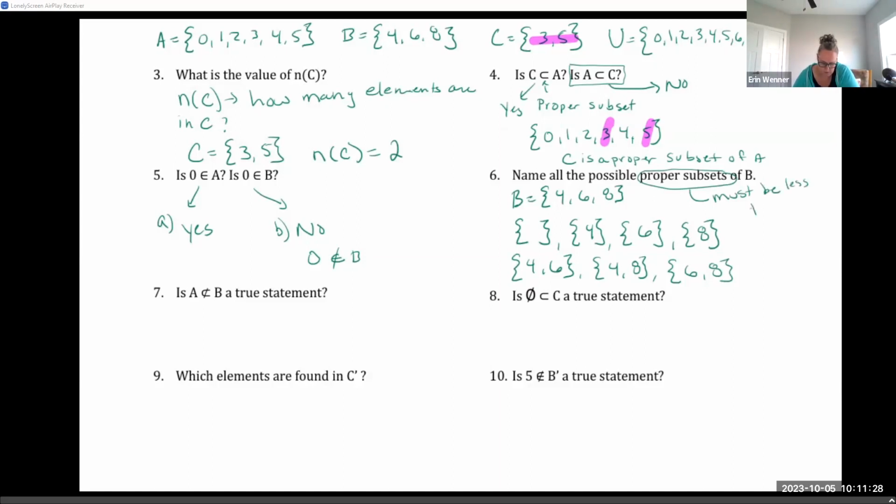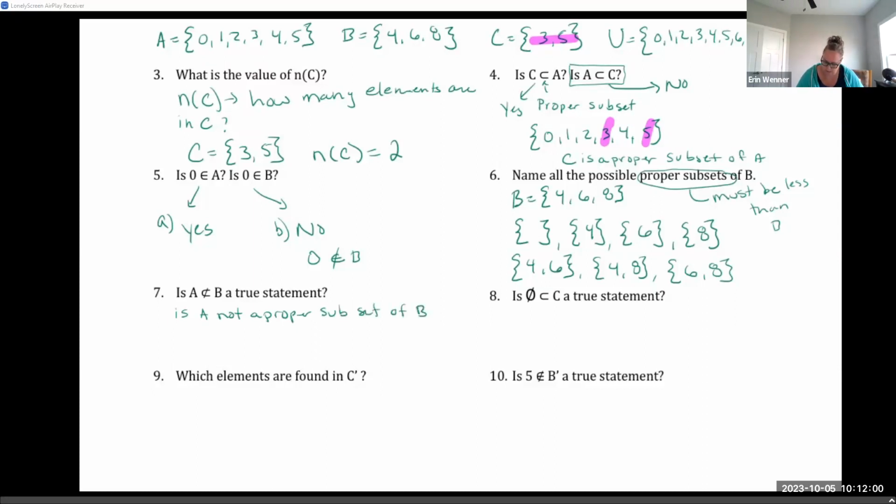So I want you to look at number 7 and number 8, okay? So number 7 says, is A not a proper subset of B a true statement? So is A not a proper subset of B? That's what that statement is trying to say. So is that true?